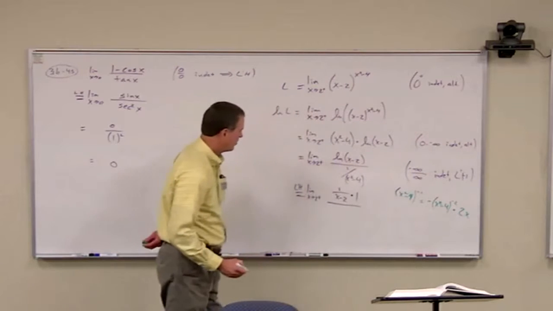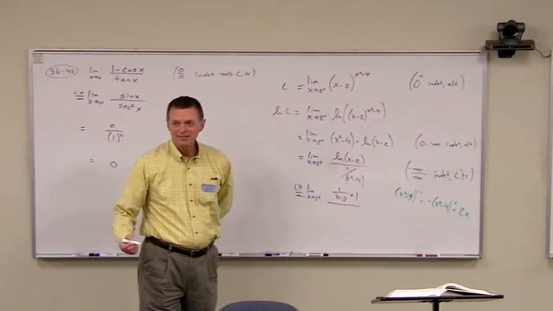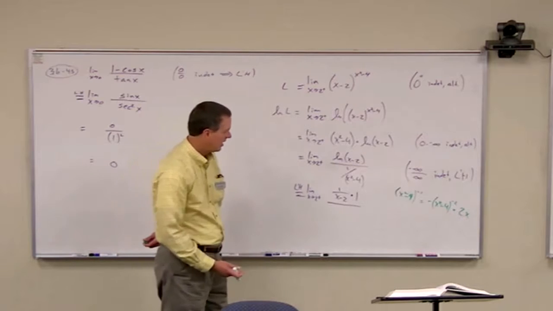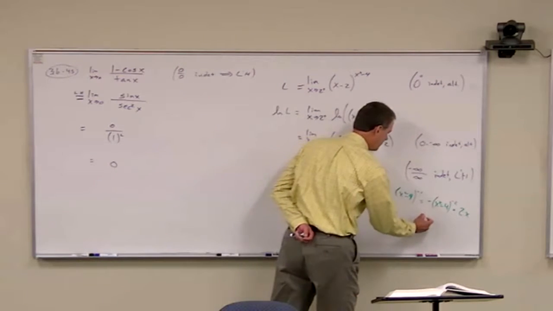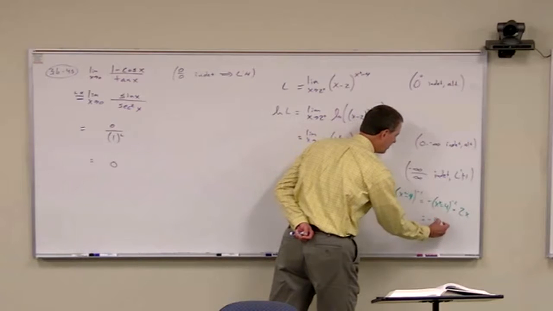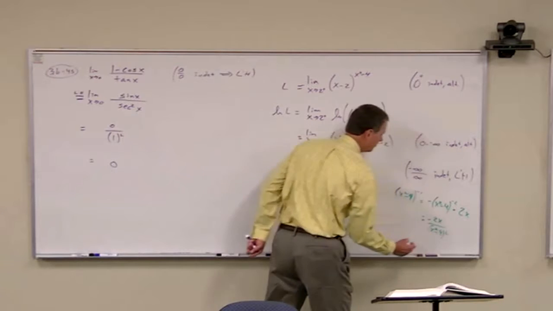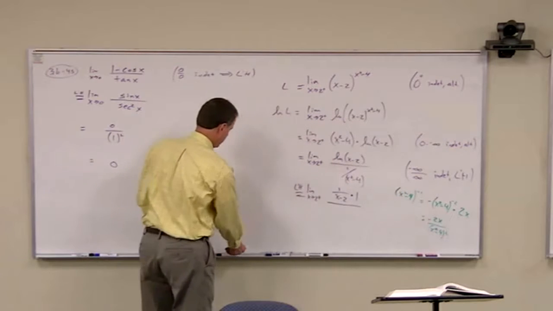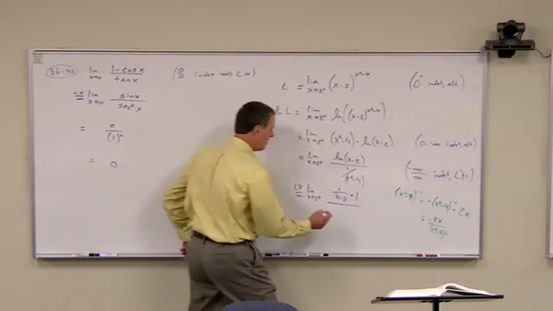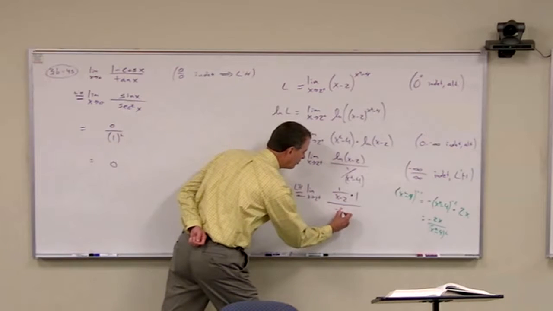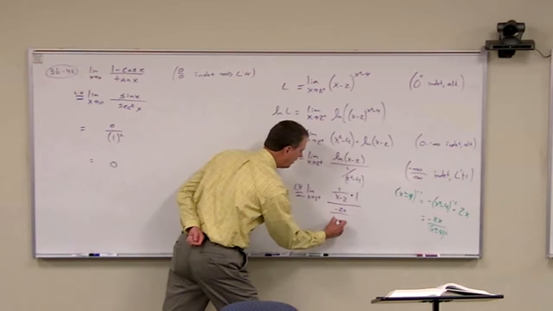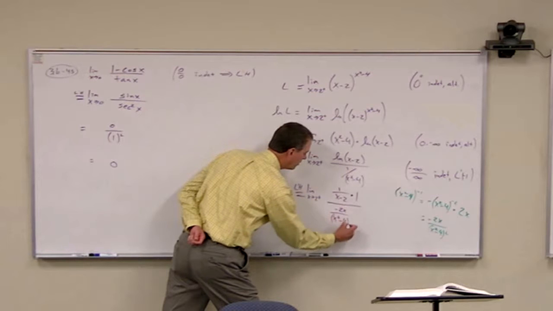Which I could rewrite, since I'm dealing with fractions, as negative 2x over x squared minus 4 squared. So I can have over here negative 2x over x squared minus 4 squared.